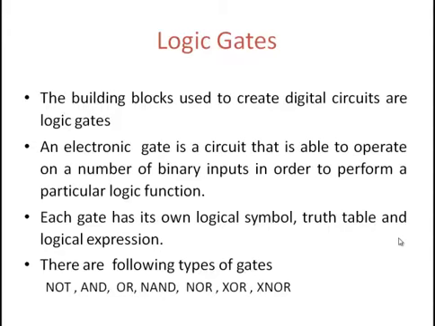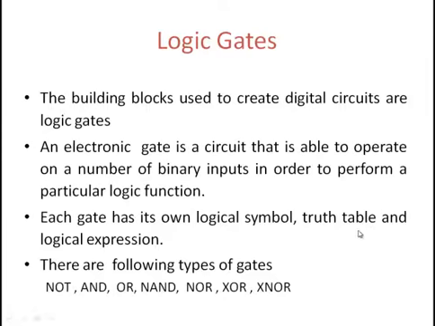Logic gates are basically the building blocks of a digital circuit. They are electronic circuits that are able to operate on a number of binary inputs in order to perform a particular logic function. Each gate has its symbol, truth table, and logical expression.